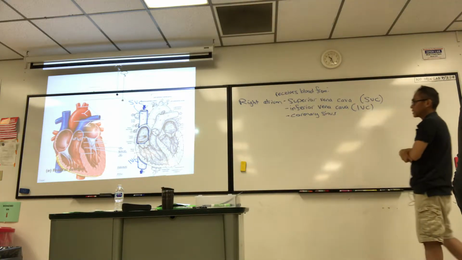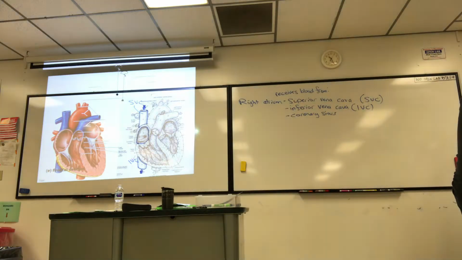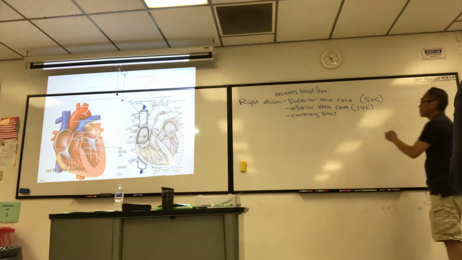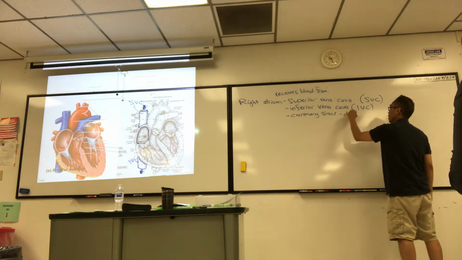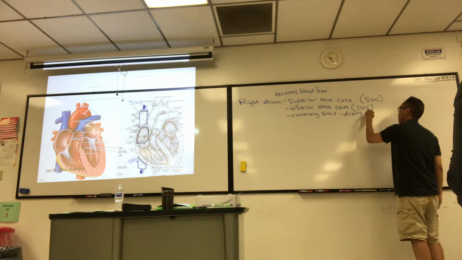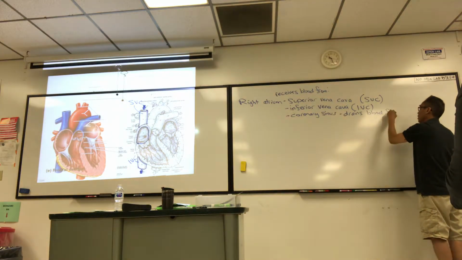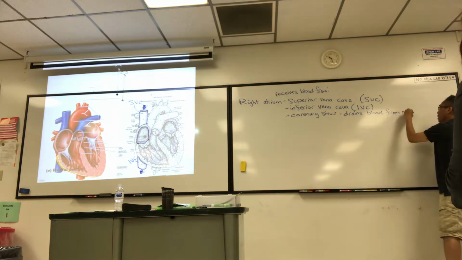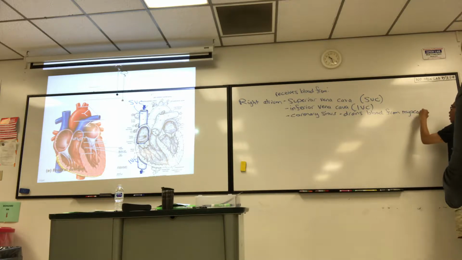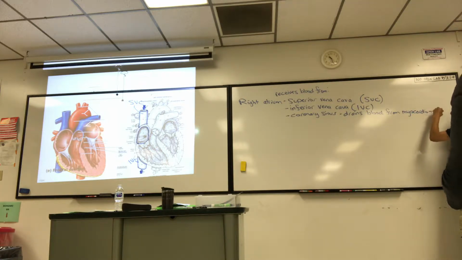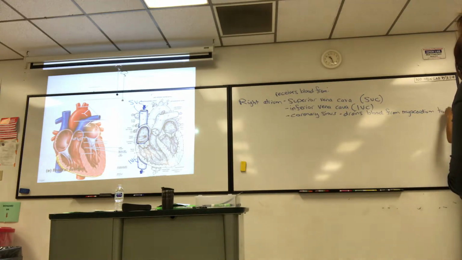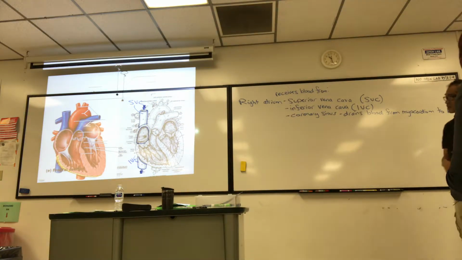We call it a sinus, and it's draining blood from the entire heart muscle, the myocardium, to the RA, right atrium. So that's a third thing.